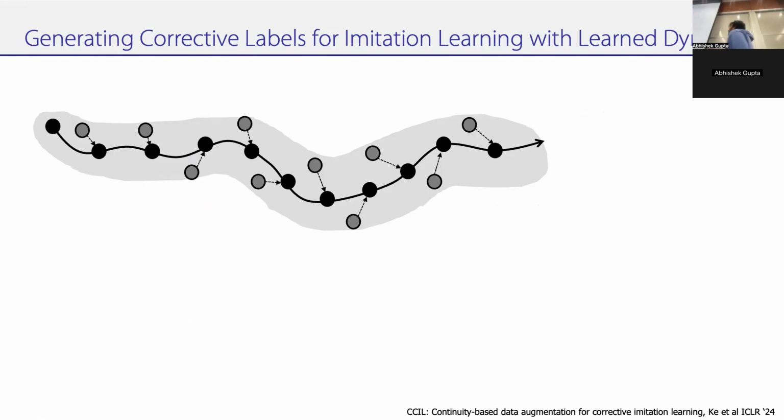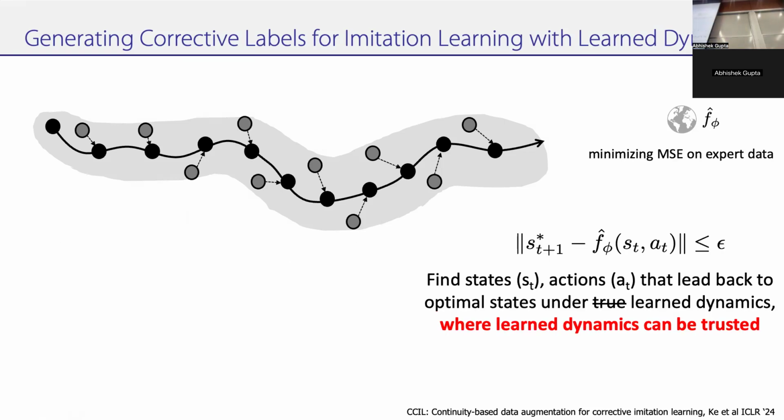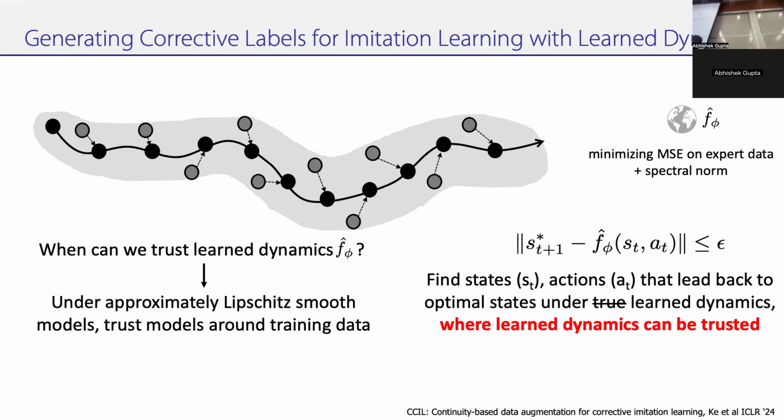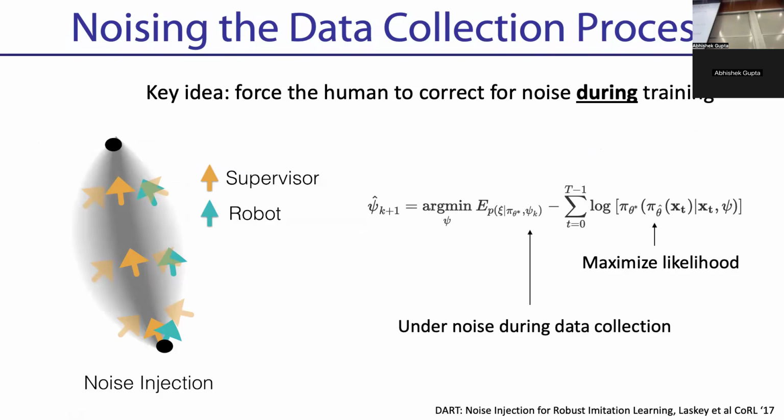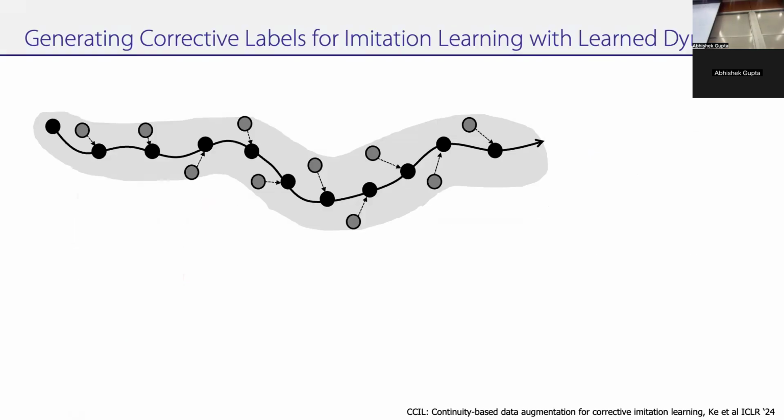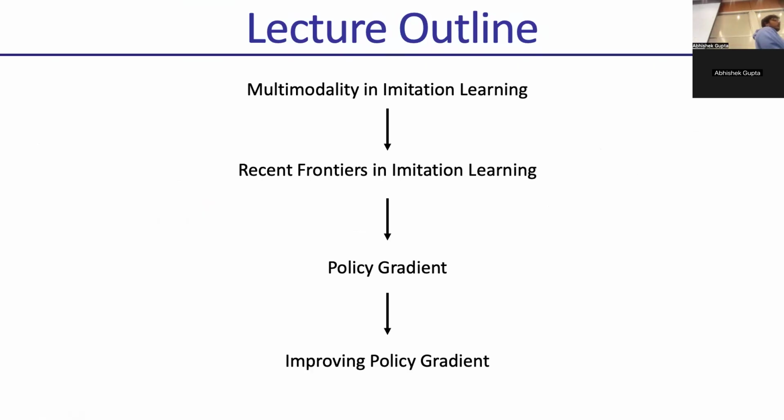A world model, and use it to figure out what data goes back to the optimal. So you just have to be careful about staying close to the training data. But the high level idea here is that DART is using a human to correct, and CCIL is using a model to correct. Right? Does that make sense? Everyone with me? Okay, so that is what we covered last time, right? So imitation learning, simple way to do it is behavior cloning.